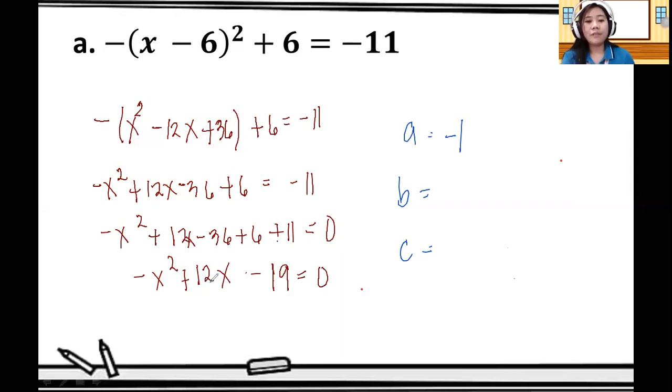Okay, so 12x, this is our B. Okay, bx. So what is the constant number or what is the real number or what is the value of B here? So 12. And C is equal to negative 19. Okay, nakakasunod po. Okay, very good. Now, let's proceed to the next example.